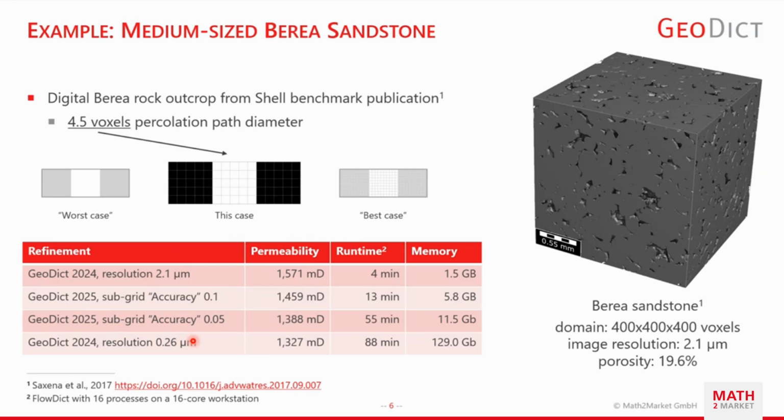And with the increase of the sub-resolution with this error boundary, we were getting lower and lower permeability to around 1390 millidarcies. This has one implication.